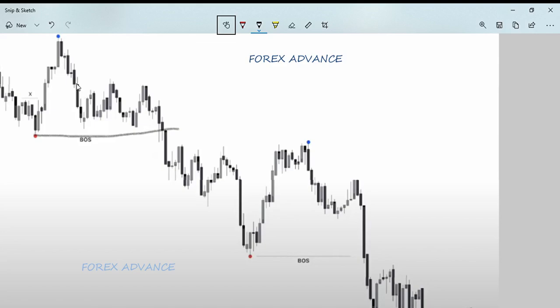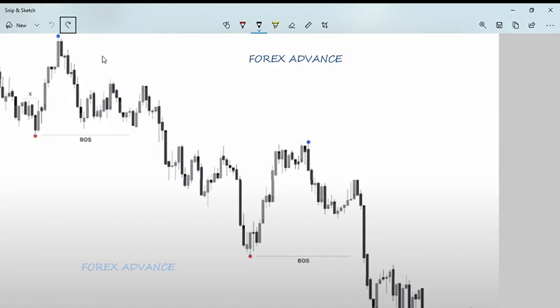But in this specific scenario, from that specific point, we can see that there is no imbalance in these candles. So all these candles are already mitigated. This whole area is already mitigated. There is no proper imbalance. So we will not mark any candle as our order block.